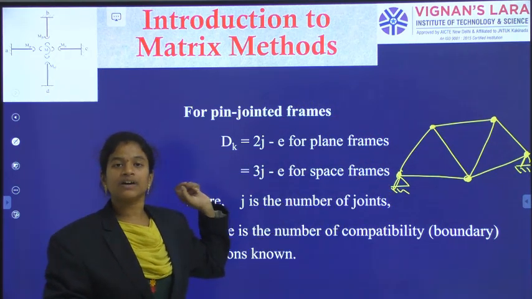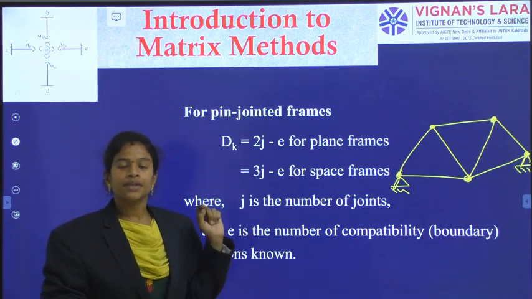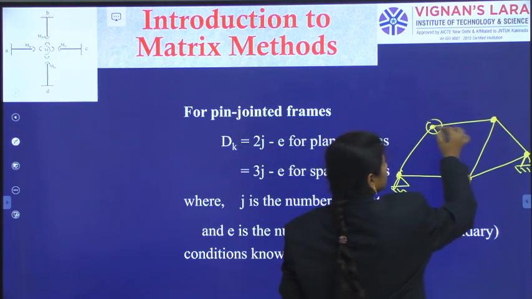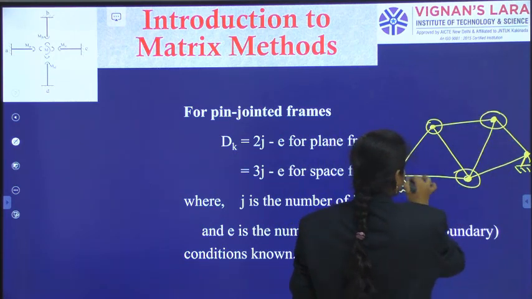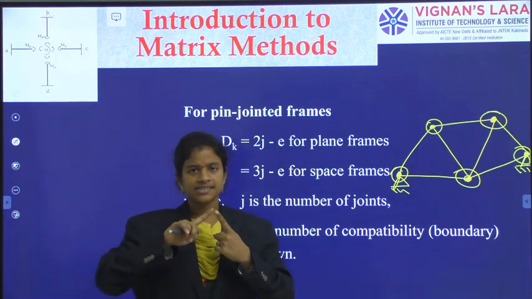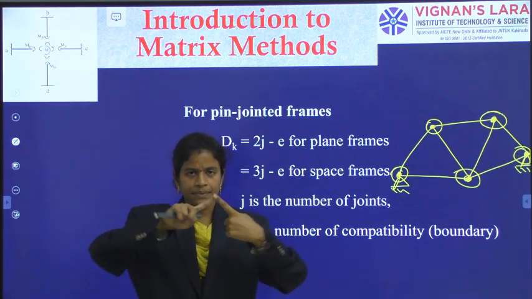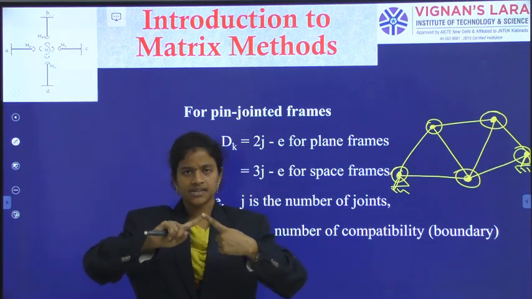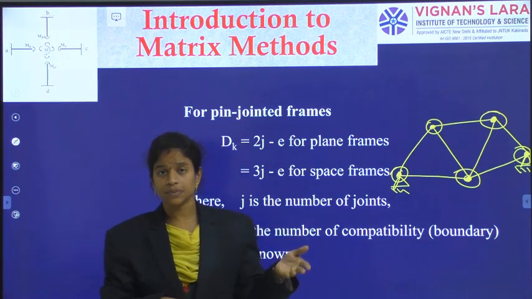What is the degree of kinematic indeterminacy? How many displacements are possible? Each joint can show so many displacements. Each joint is simply pinned, so it can show so many displacements.